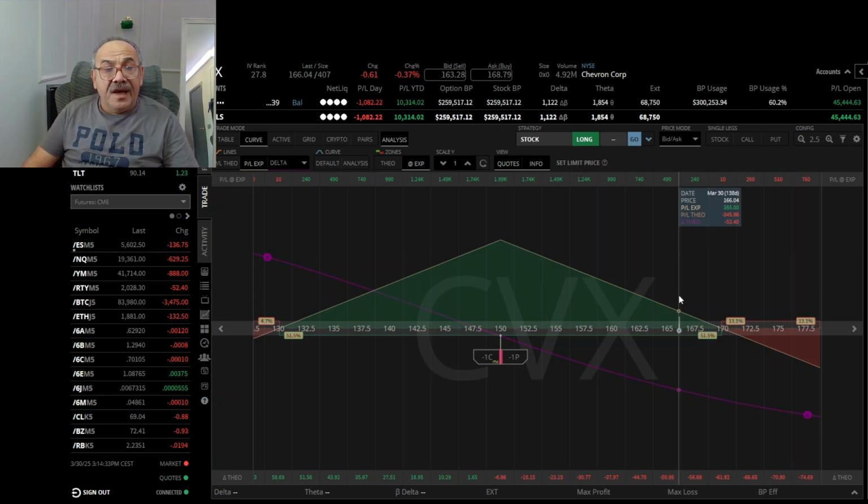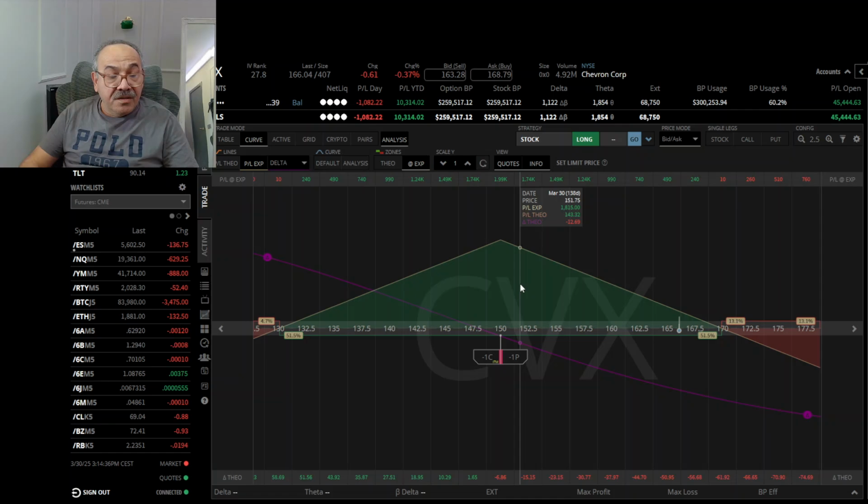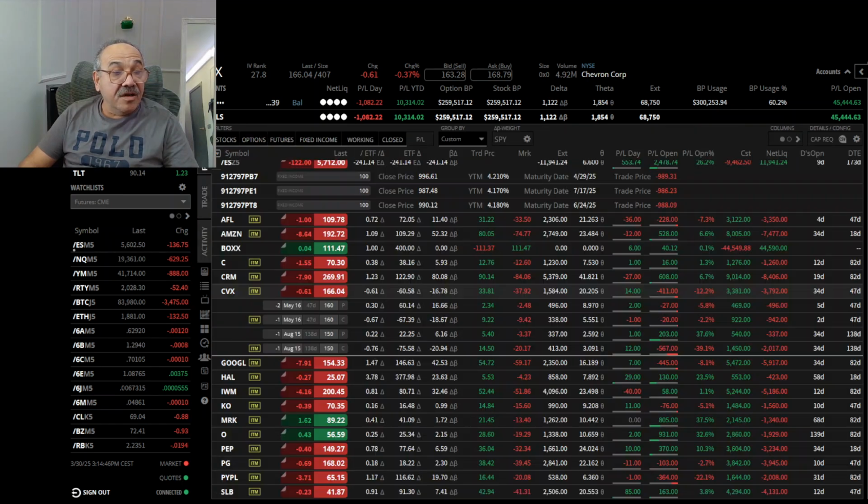Yes, you can add something to that, like maybe one extra short put. It probably shouldn't be at 150 strike, because let's see how much it costs. The 150 put is just $3.37. It doesn't make much difference, and we'll get a lot of pressure if CVX starts going back to the original range. So I don't think it's a good move.